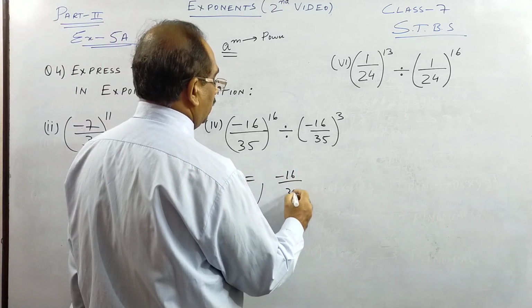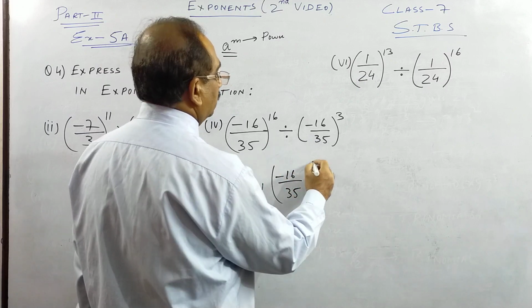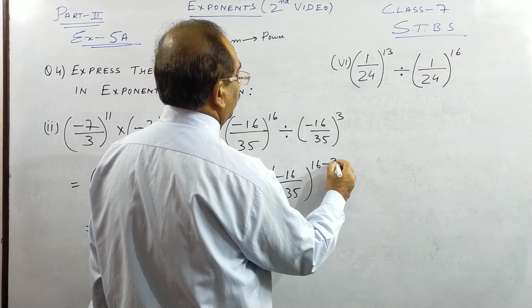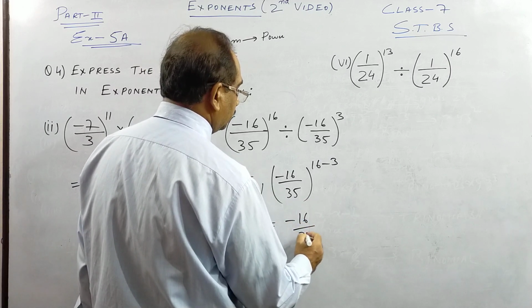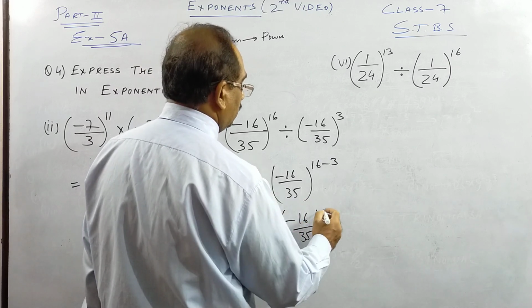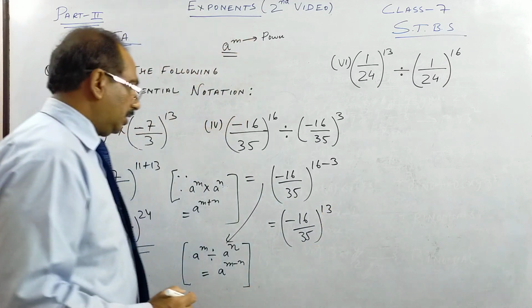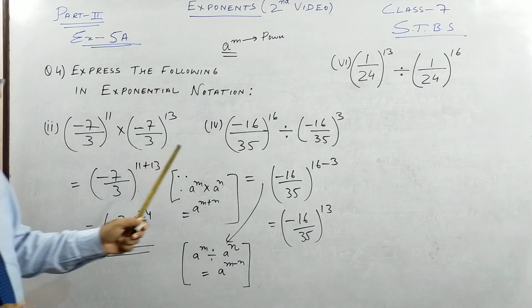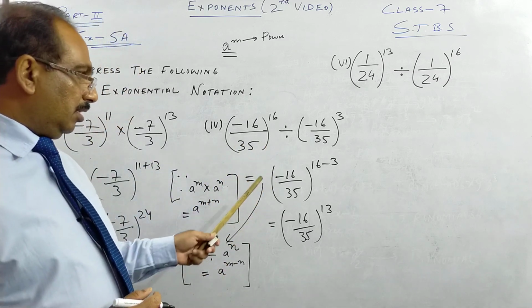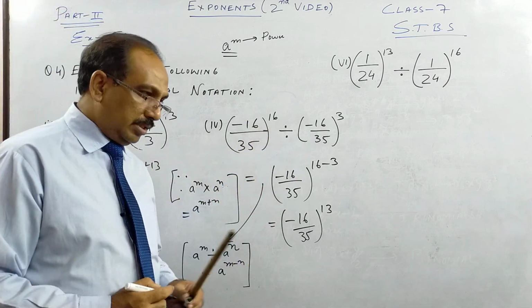Minus 16 by 35, since it is division, we subtract. So what do we get, children? Minus 16 by 35 to the power 13. When it is multiplication, we add the powers. When it is division, we subtract them.